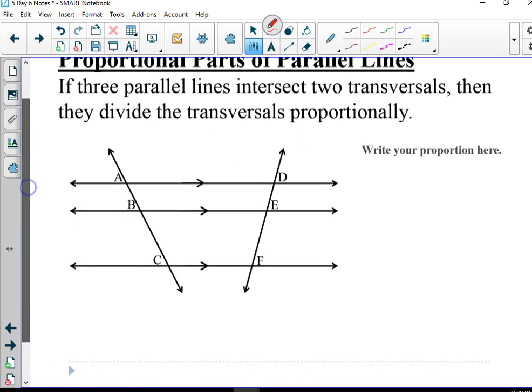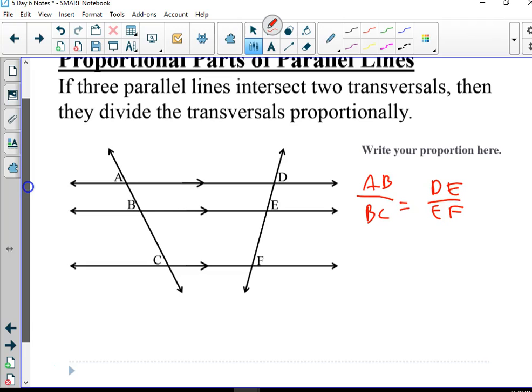Now, 3 parallel lines intersecting 2 transversals divide them proportionally. So, for example, AB to BC, DE to EF.